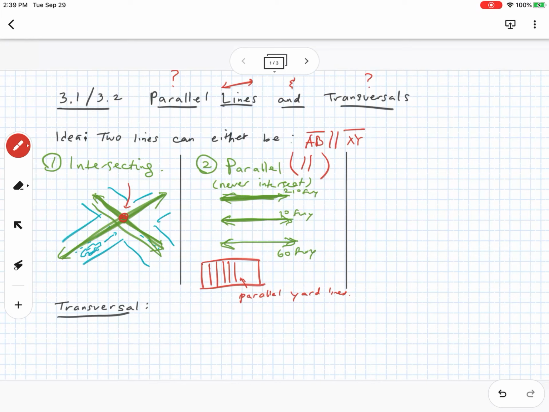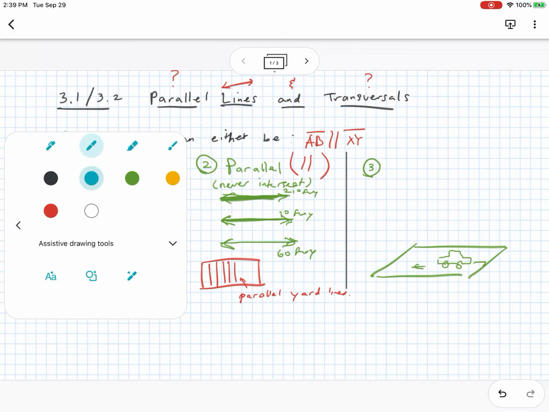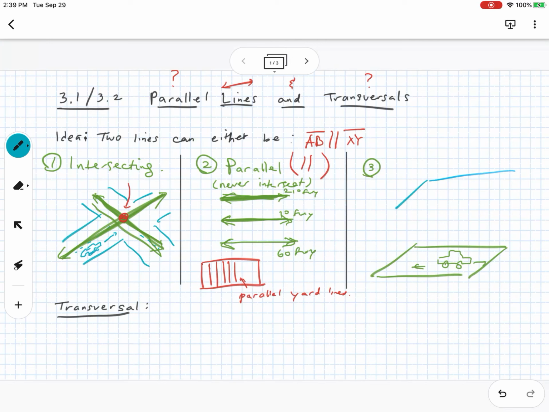So 2 lines can either be intersecting, they can be parallel, and then what is this third option here? This is a little bit more ambiguous, and the way that I would describe it is this. One form of transportation that you'll see on the ground are cars, right? So cars go back and forth, but then if we go up into the sky, there's another form of transportation, right?